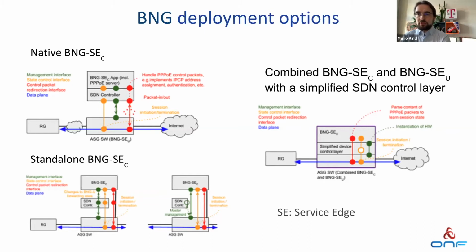We are assuming that this is beneficial, for example, in very small deployments where you don't need a specific SDN controller, or just a simplified control layer. But it's most probably only a smaller part of the deployments.